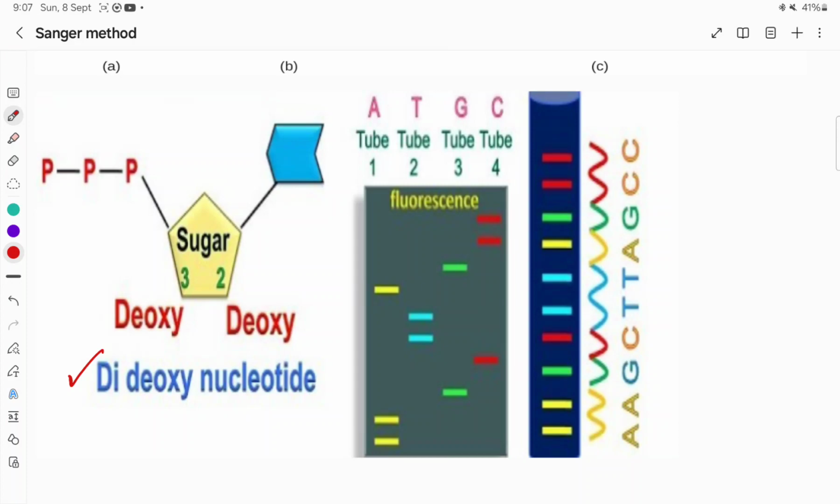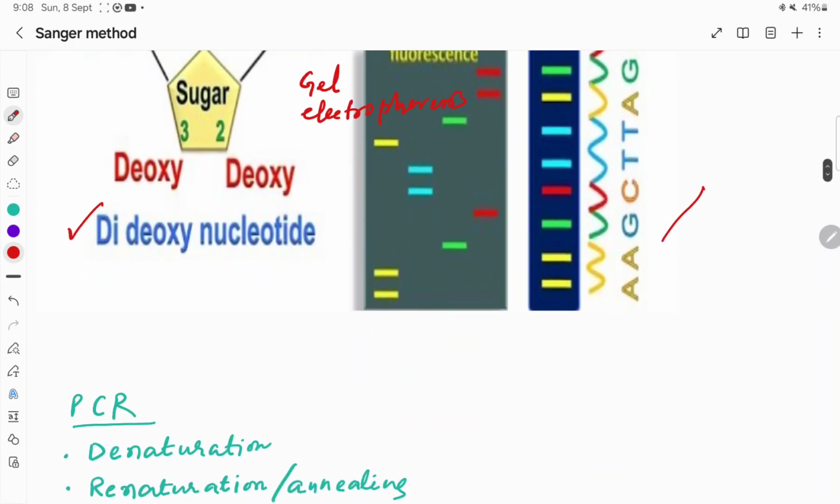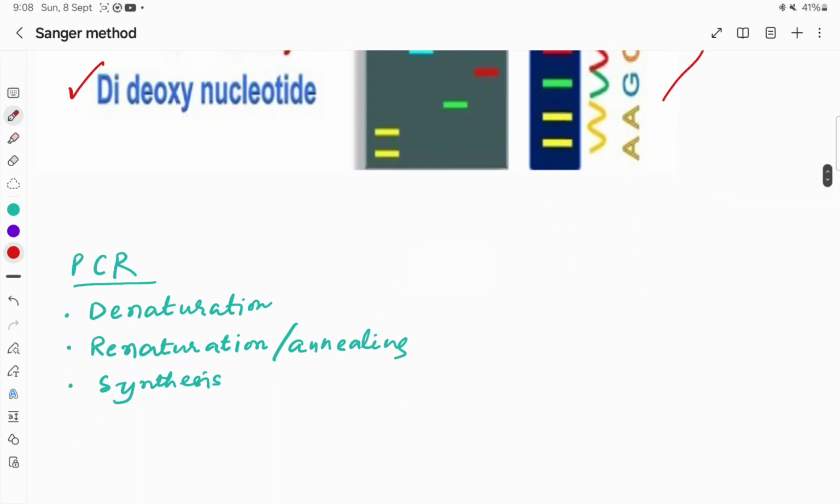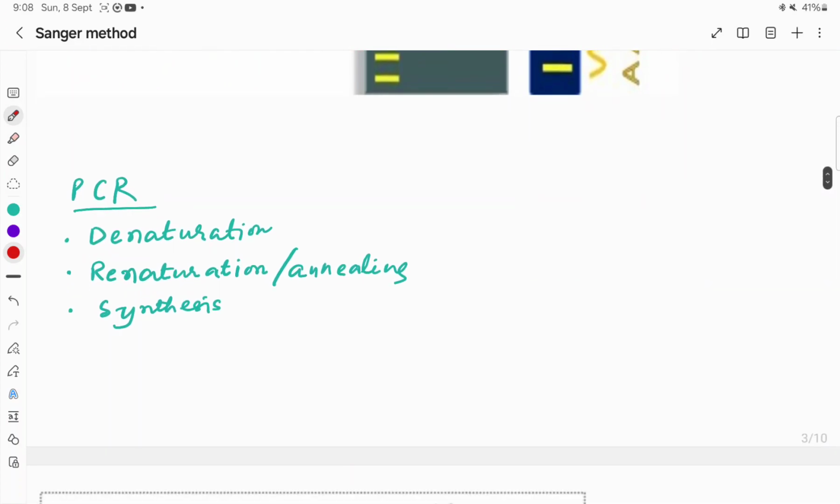Then we run it through gel electrophoresis, and then we can analyze them to know the sequence of the bases in the DNA. The PCR technique we use involves denaturation, in which the double strand is converted to the single strand, then renaturation and annealing, where we do the pairing.